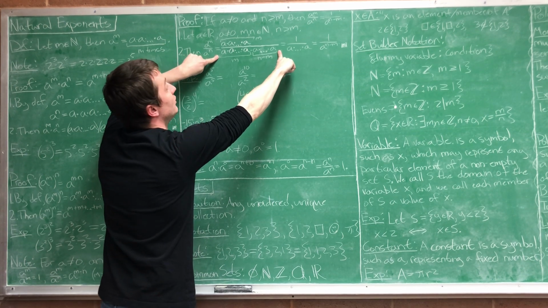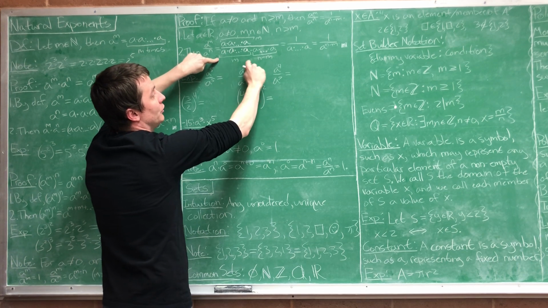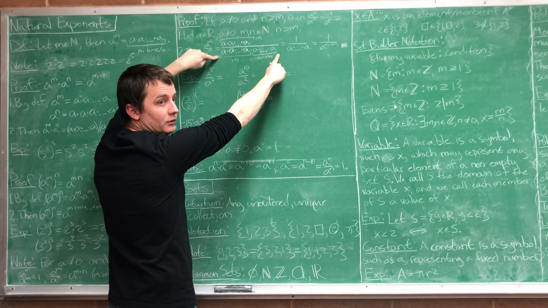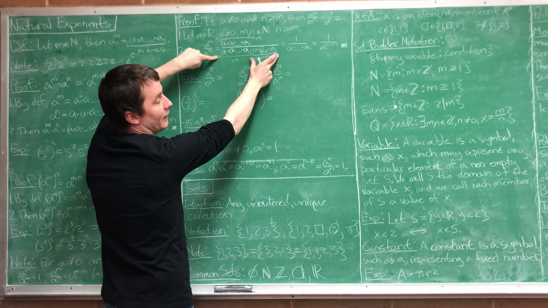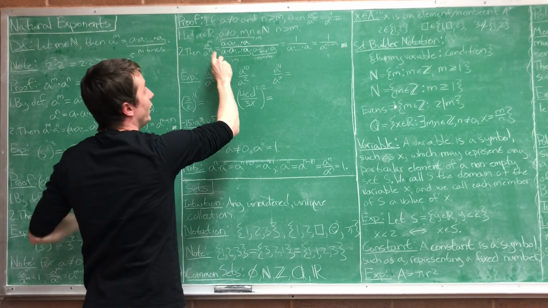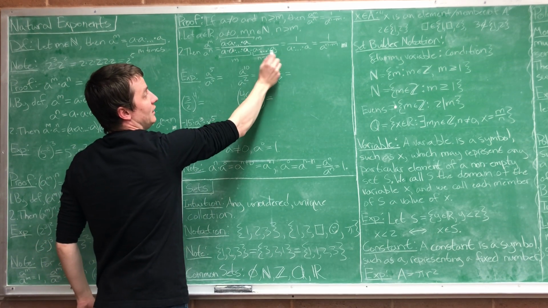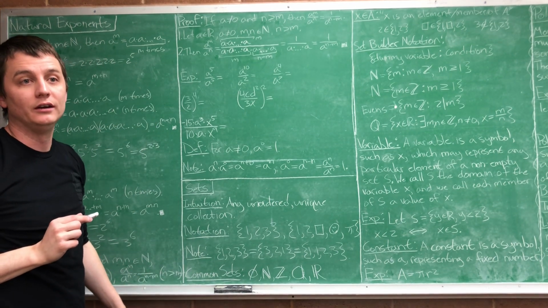But since n is bigger than m, we're going to write out m of them before we finish writing out all n of them. So here's the first m of them, and then the remaining n minus m of them are right here. How many do I have total? If I have m a's here, and I have n minus m a's here, how many do I have total in the denominator?